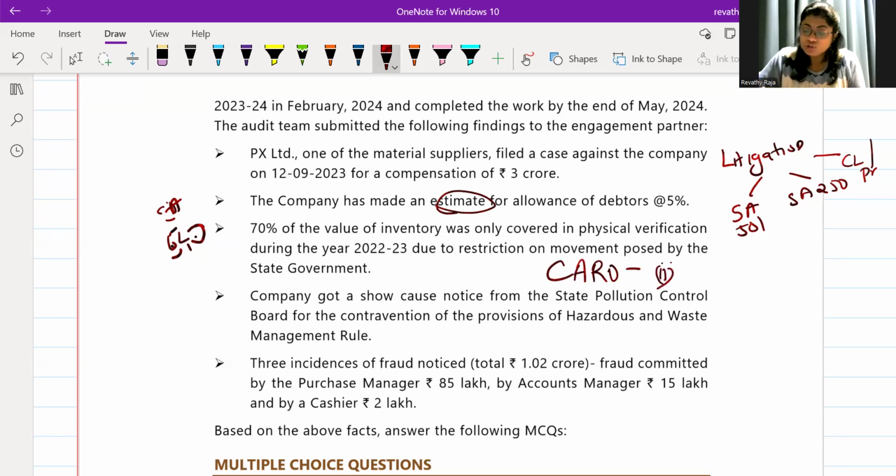Company got a show cause notice from the State Pollution Board for contravention of provisions. Show cause notice. Anything else came to your mind? Show cause notice. Again, CARO. Which clause? Statutory dues. Divya, NOCLAR will come. That's right. But NOCLAR won't come in this case. You know why? Here, which company is it?